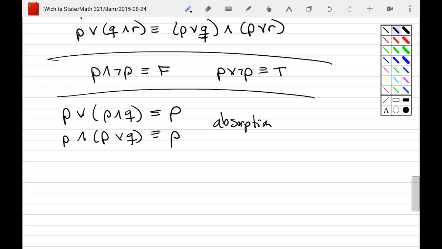What happened to the Q? It got absorbed. It's kind of interesting. It's one of the few ones where you have this compound proposition, and one of them simply gets absorbed by the other, even though they're not talking about the same thing. One's talking about apples, one's talking about oranges, but in this condition, the orange is meaningless.